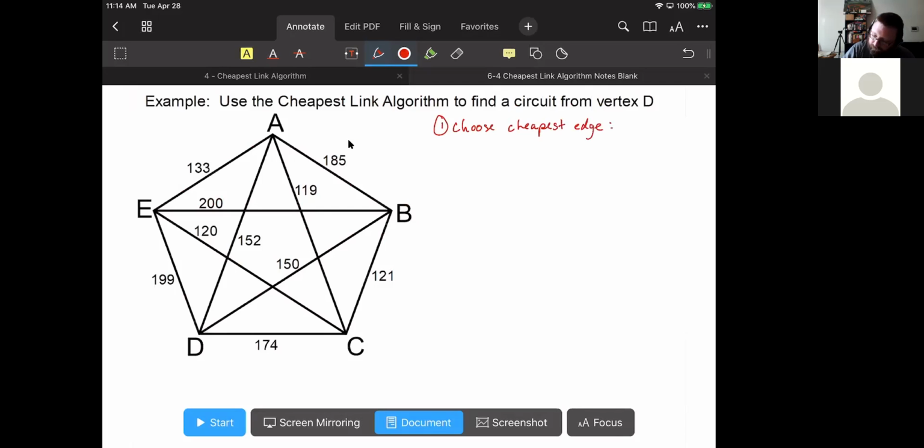So we take a look at this graph and we look for the lowest number in the entire graph. The lowest number in the entire graph is 119 from A to C. Okay, so that is the cheapest edge in the entire graph. So pick that one. Then we choose the second cheapest.